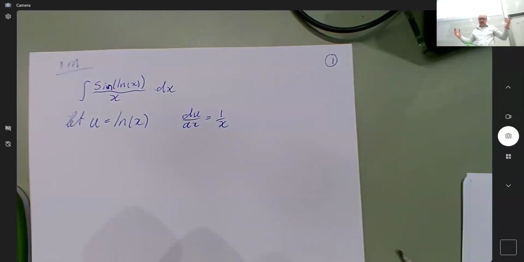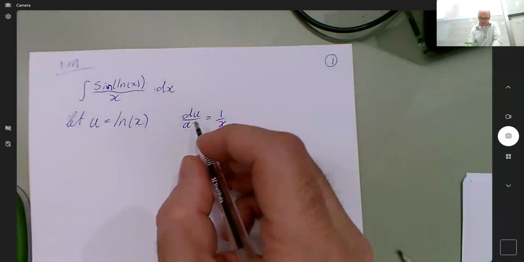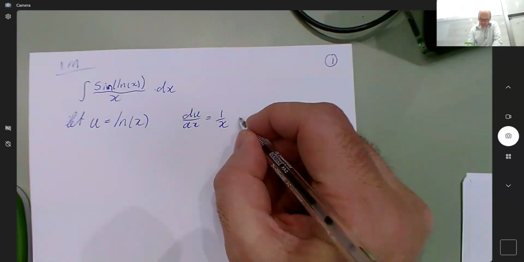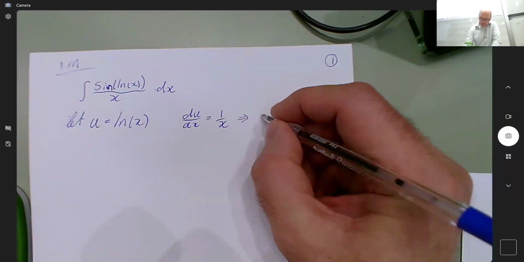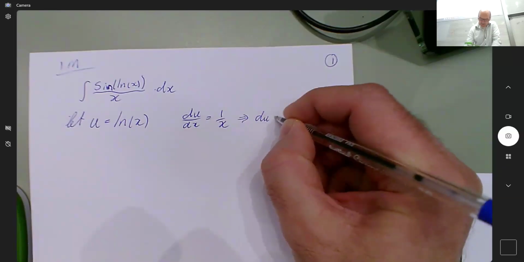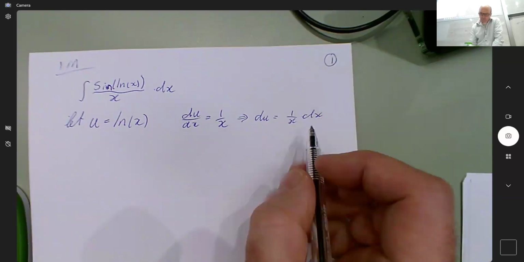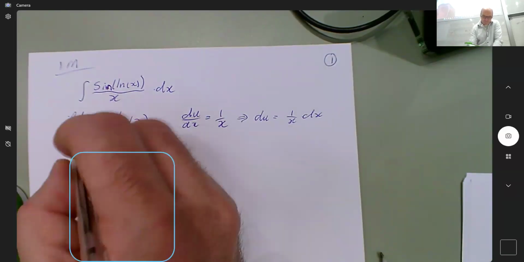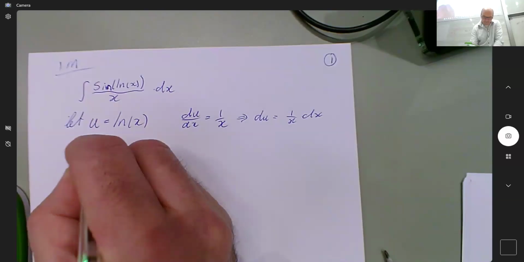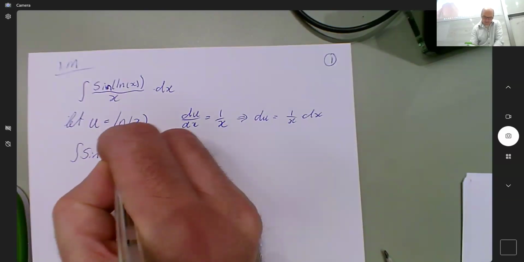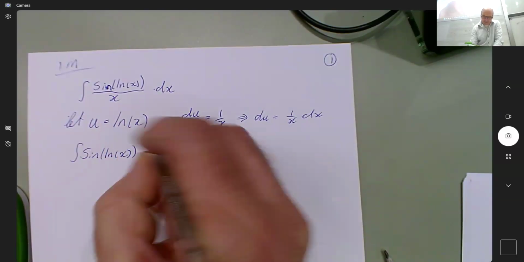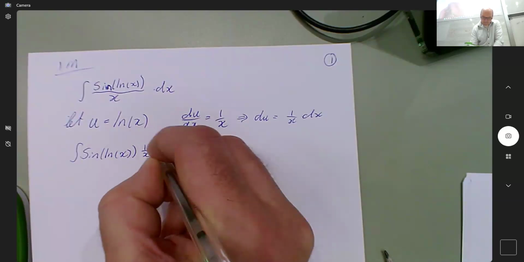Now I'm going to do a little bit of jiggery pokery. I'm going to rearrange this and go du is equal to 1 on x dx. So I'm actually going to rewrite this integral as sine of ln of x, 1 on x dx.